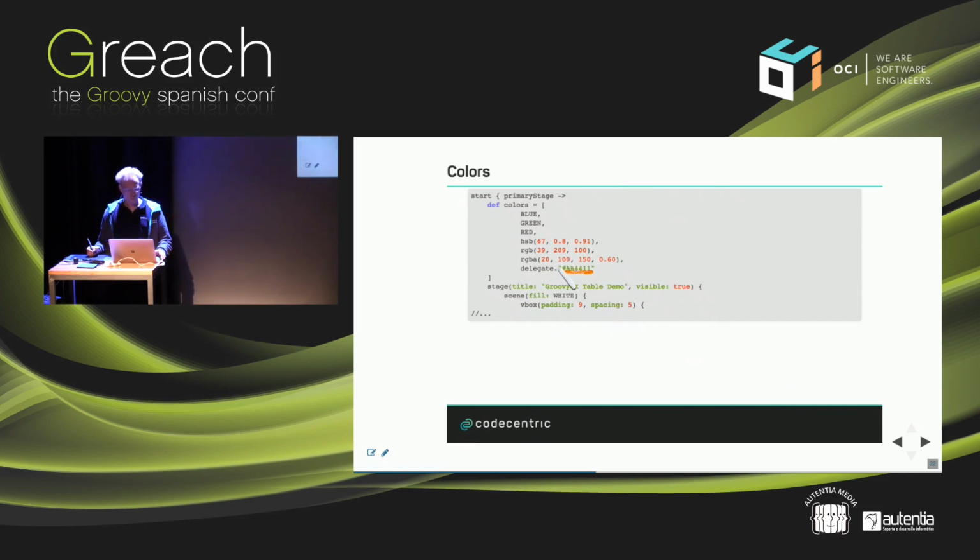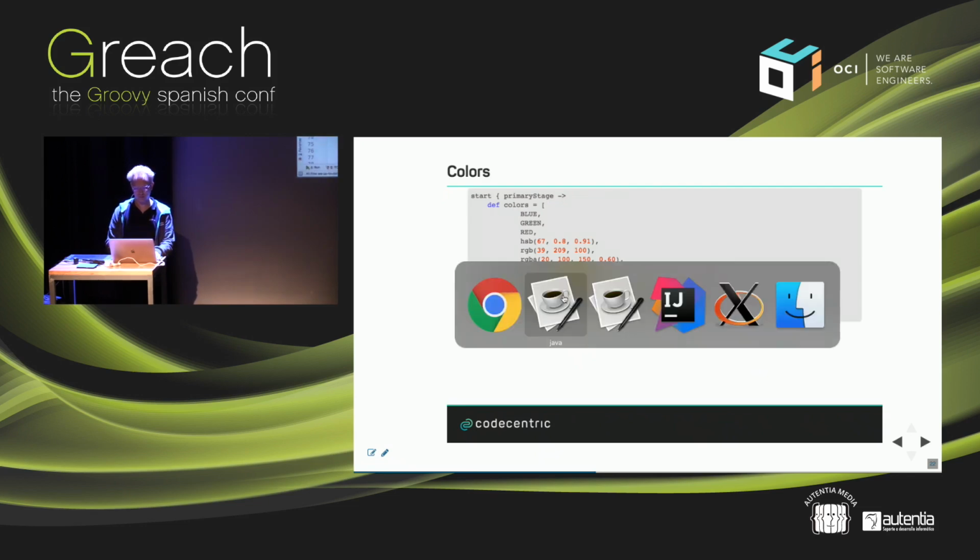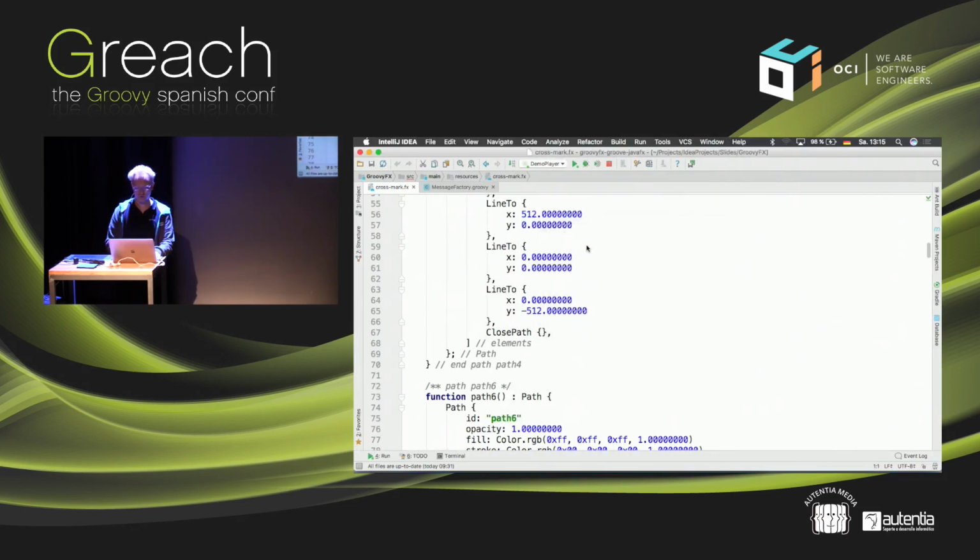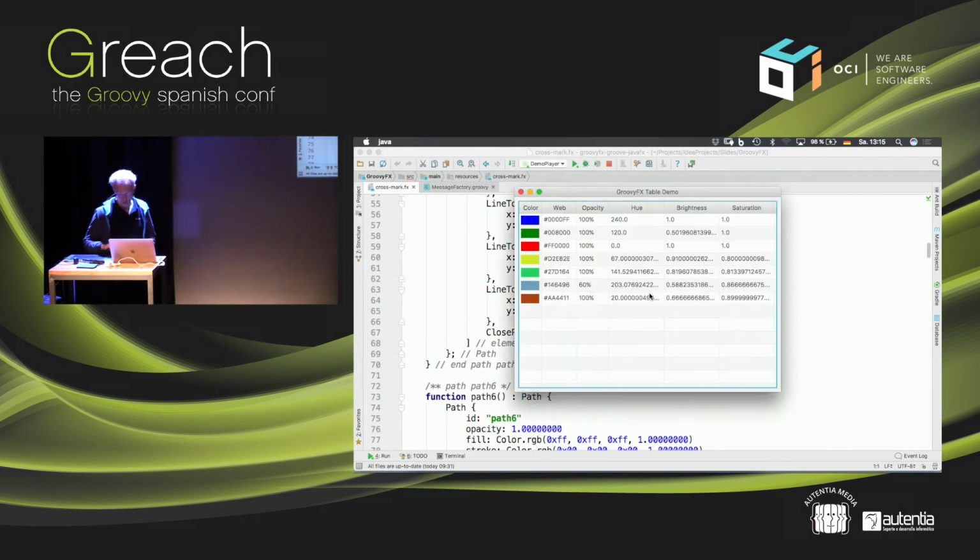I'll show you the result very quickly. I want to show a table where the first column shows the colors themselves as colored rectangles, and then some values like the hue, brightness, saturation, opacity, and the web code.